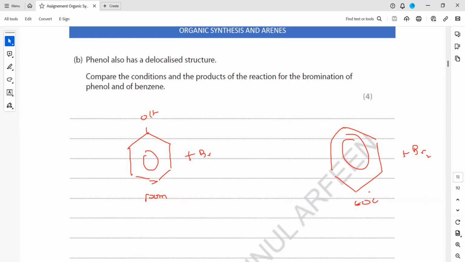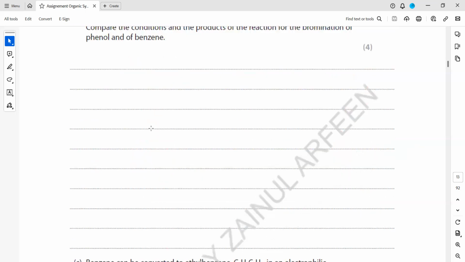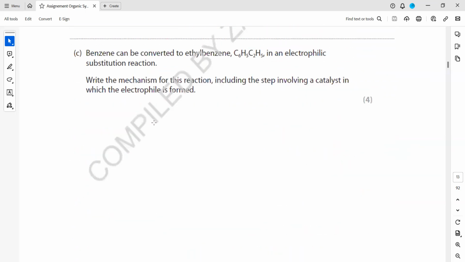And here we don't need a catalyst for this reaction, but we need a catalyst for benzene. So you have to compare the reaction chemistry: the temperature, the products, the reaction conditions.